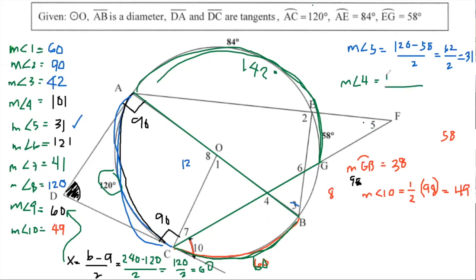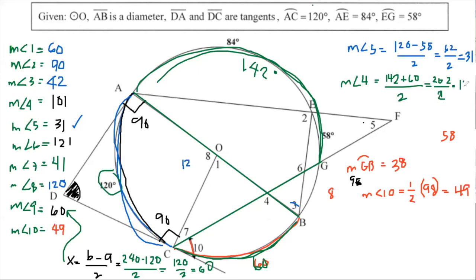So which means that I have to add 142 plus 60 and then divide it by 2 so that I can get the value of measure of angle 4. And 142 plus 60 is equal to 202. And when I divide this by 2, the answer is 101.